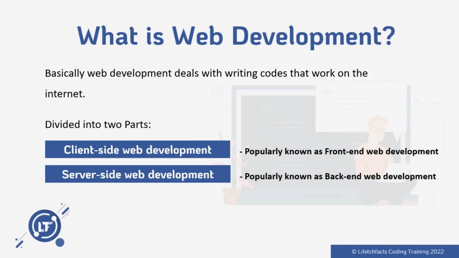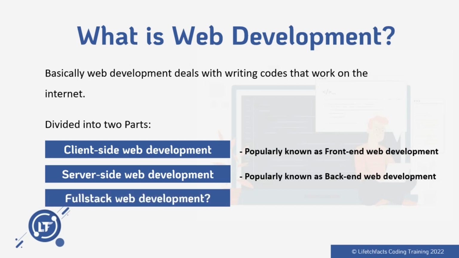So anyway, let's continue. What about full stack web development? I'm sure you must have heard of full stack. Full stack web development basically means having knowledge of both client side and server side. One misconception a lot of people have is that being a full stack web developer does not mean every time you're working, you're working on both client side and server side.